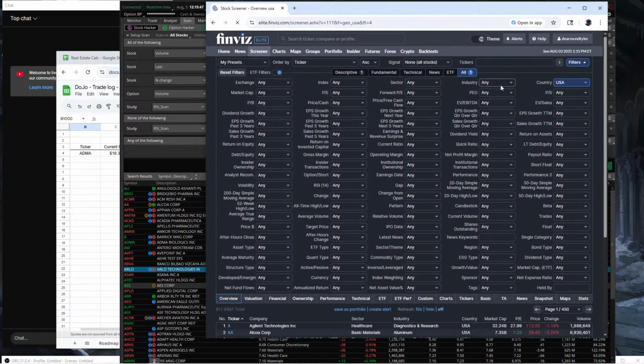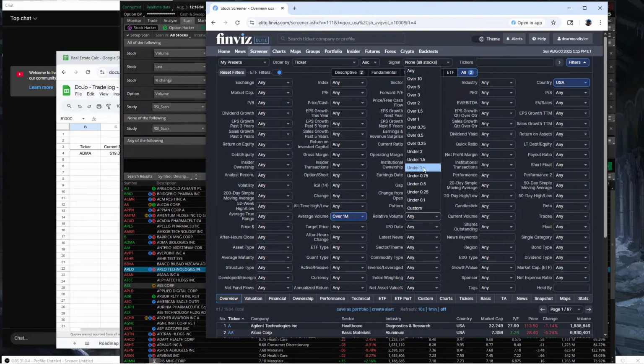We want country USA because otherwise it'll give me all the countries. We want average volume to be over 1 million. We want relative volume.